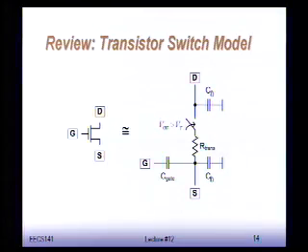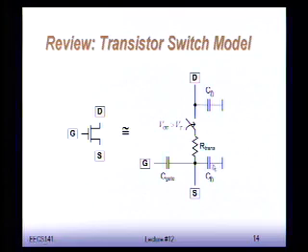So first of all, let's look at the transistor again. We assume that our transistor model is the switch model, okay? When the gate voltage is below VT, the switch is open, and so the transistor is off. It still contributes capacitance. There is a junction capacitor associated with the drain, which we said is the diffusion cap of the N plus drain to the P substrate for an NMOS, or the P plus drain to the N substrate, the N well, for a PMOS.